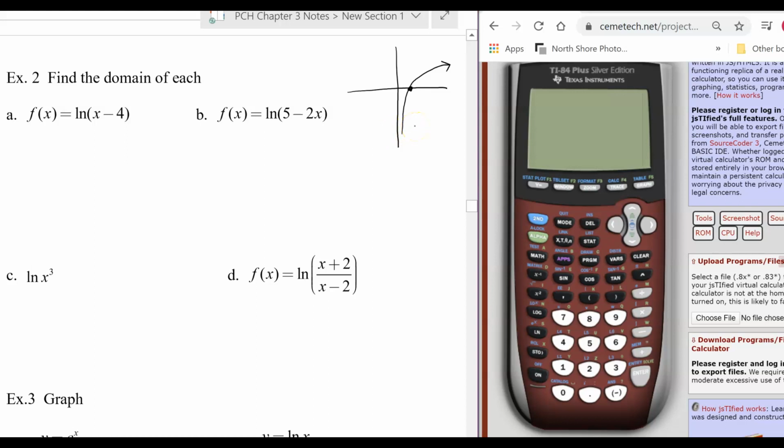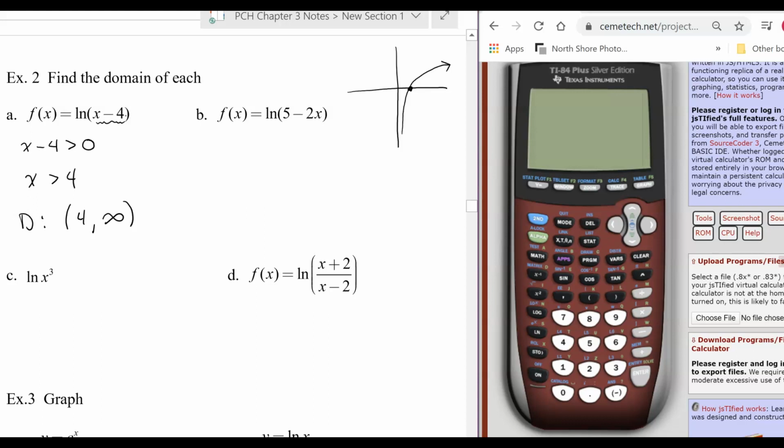For part A, that means that x minus 4 has to always be greater than 0. It's never going to cross that line here. So that means that x has to be greater than 4, which means our domain would be from 4 to infinity. We need to find out what values will make this positive.